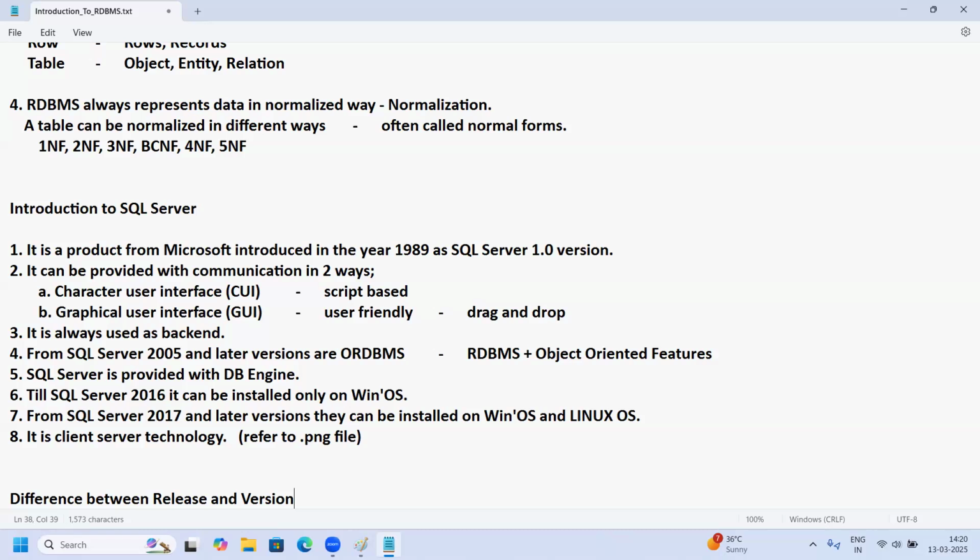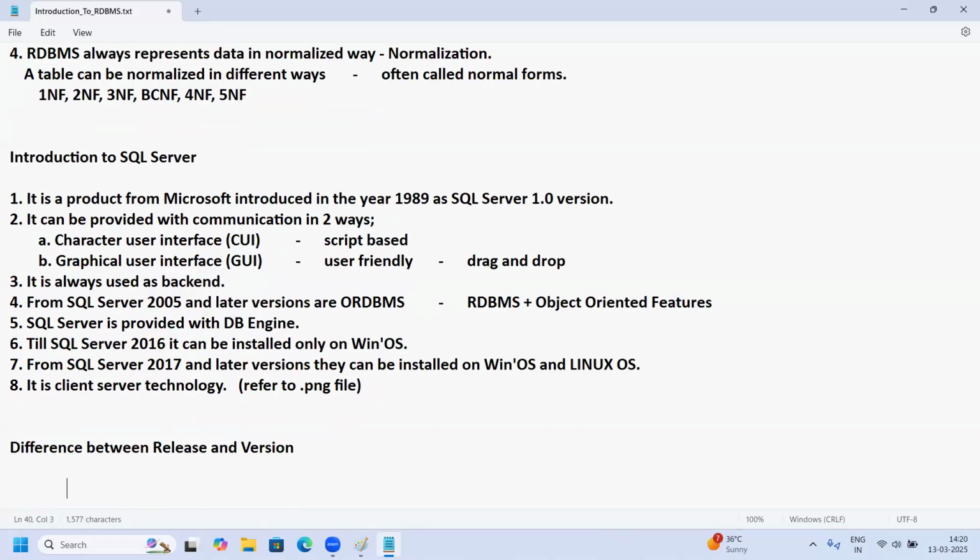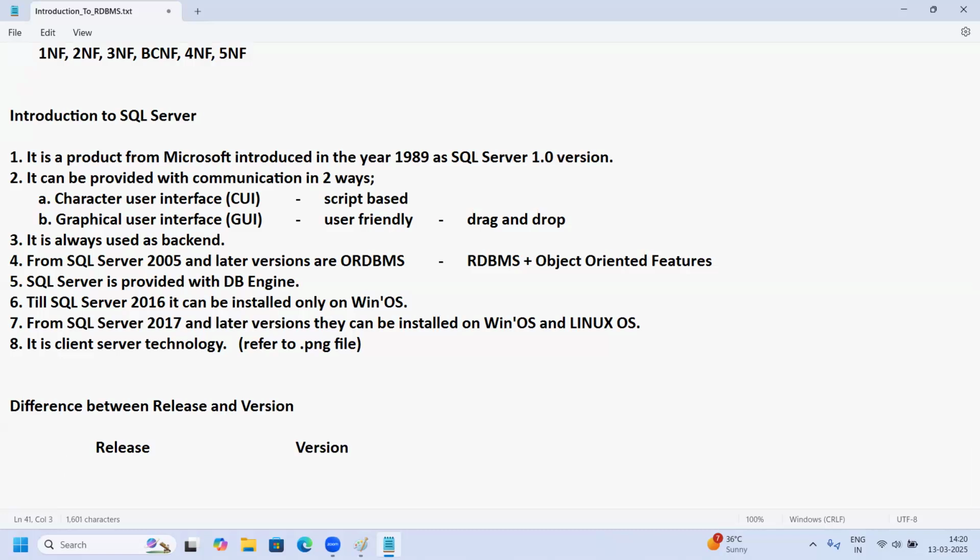Okay. Now, difference between release and version. Any example you take, let me talk on release, and the other end we'll talk about version. If you talk about SQL Server, for example, it is 2014. If I'm talking about SQL Server 2014, that is called release.